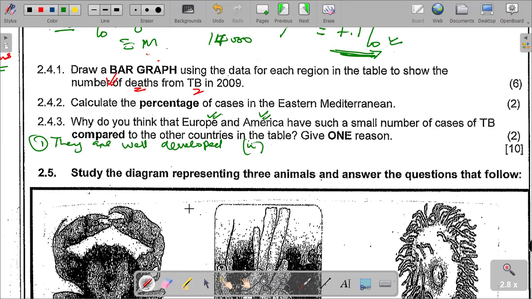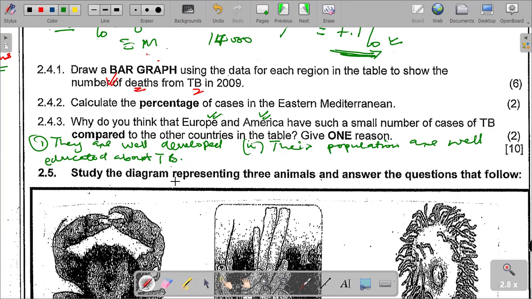And then the people are well educated about TB. Hence, they know how to prevent it.